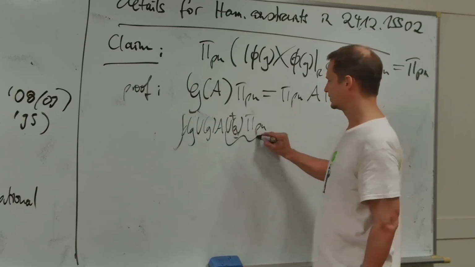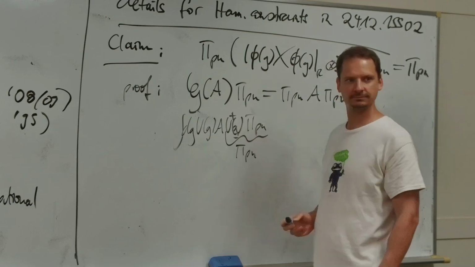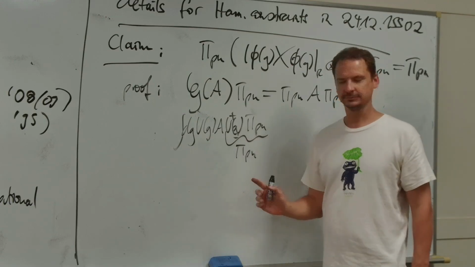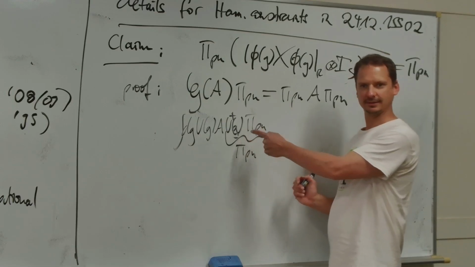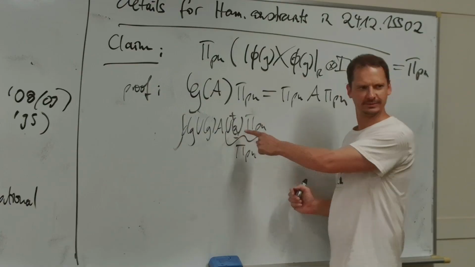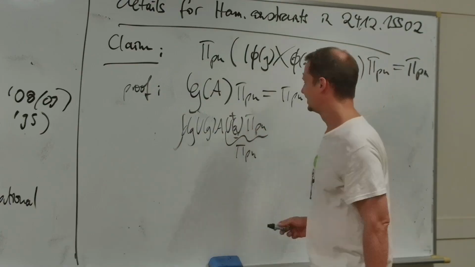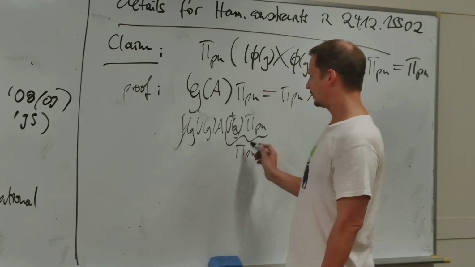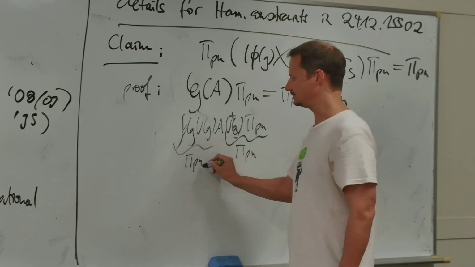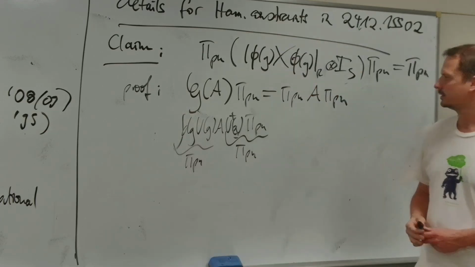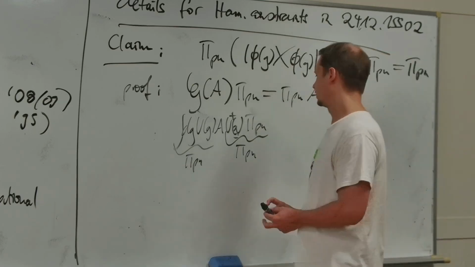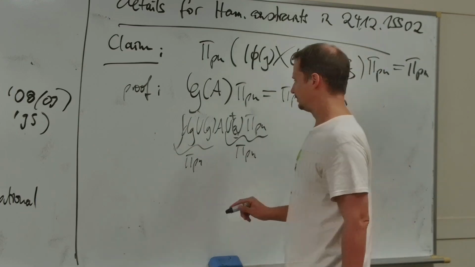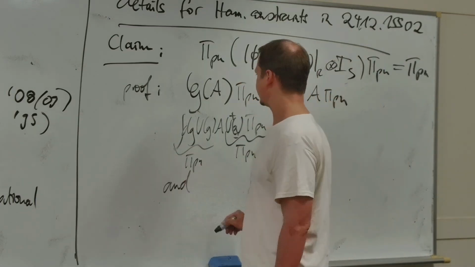So this is just Pi_PN. Is that clear? Because it's in the image of the invariant. So is that clear? Okay. So then, when I have this, then this is also just Pi_PN. Right? So that's why this is true. And now, we have that.